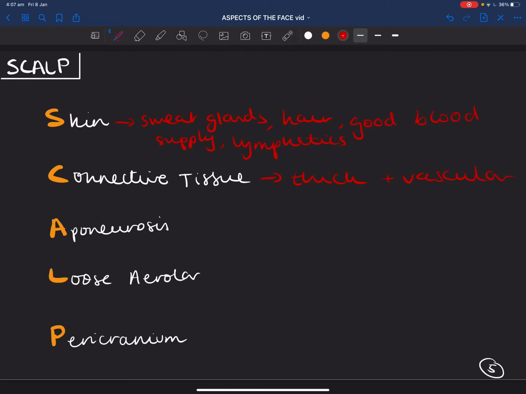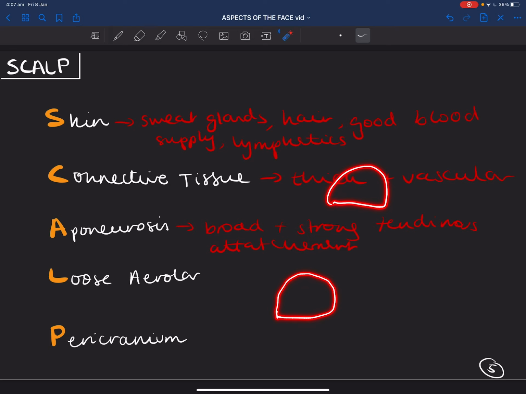Next we have the aponeurosis layer. Like I said before, this is a broad and strong tendinous band for attachment to muscles. So for example, the frontalis muscle is on the front of your skull, and the occipitalis muscle is at the back of your skull.